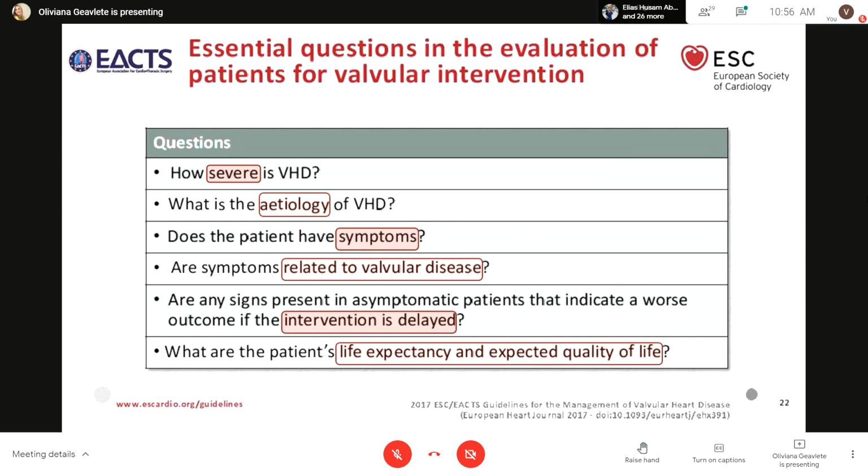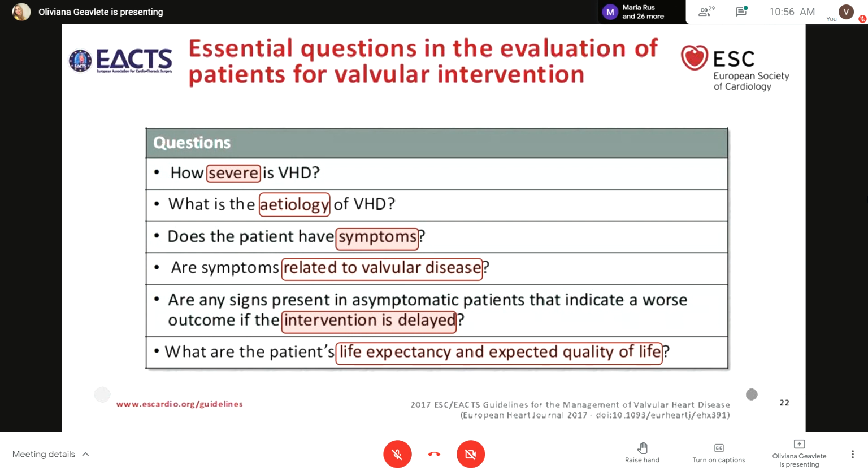So the essential questions in the evaluation of every patient, because you know the treatment in severe aortic stenosis, the final one and the best one, is valvular intervention to change that valve. But which intervention are we talking about?